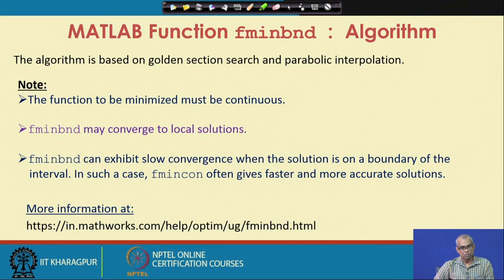fminbnd uses an algorithm that is based on golden section search and parabolic interpolation. So, the algorithm on which fminbnd works is based on golden section search and parabolic interpolation.